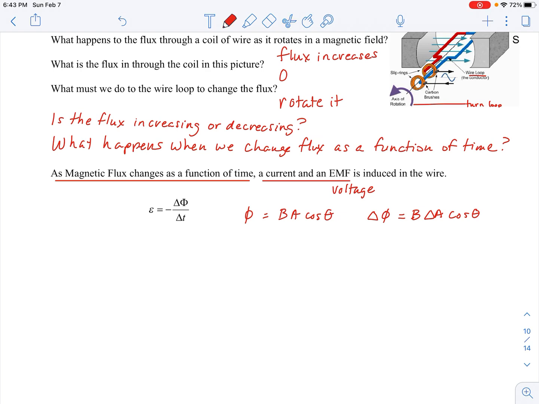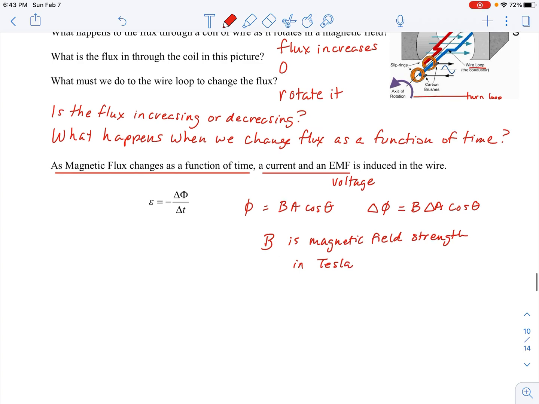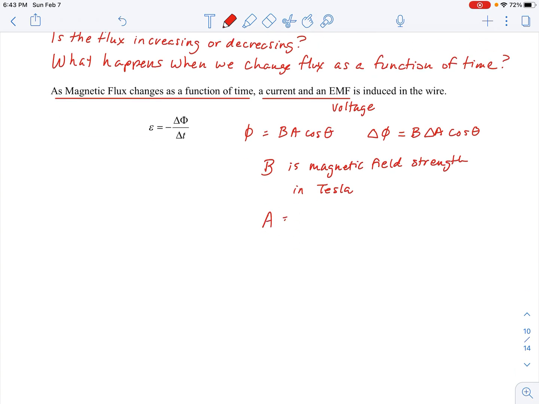A couple more things to remember: B is magnetic field strength. We've been using this for a while, and it's measured in Tesla. And A is area, and it's in square meters.